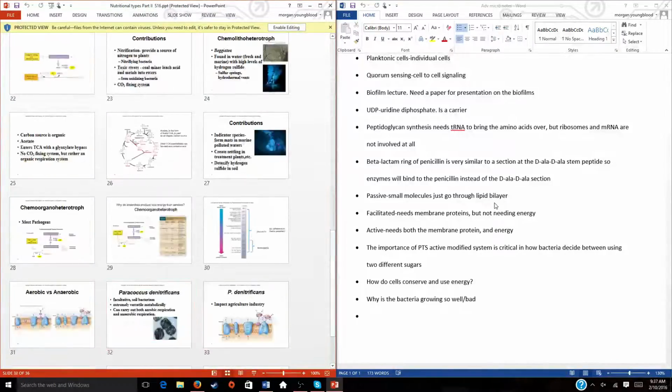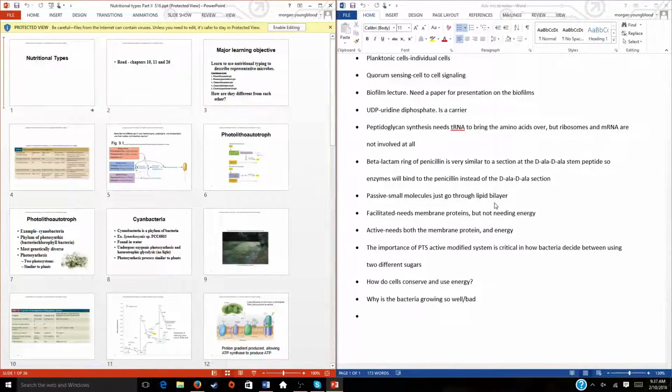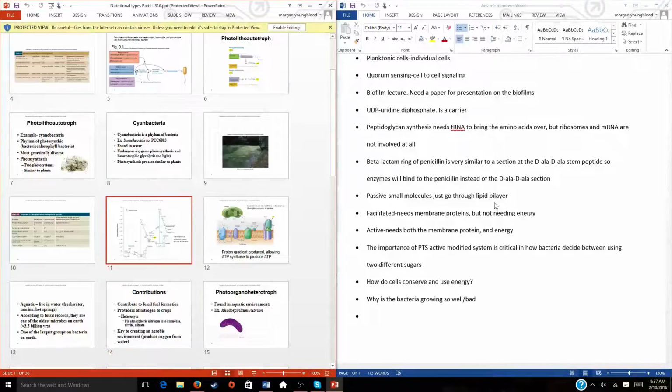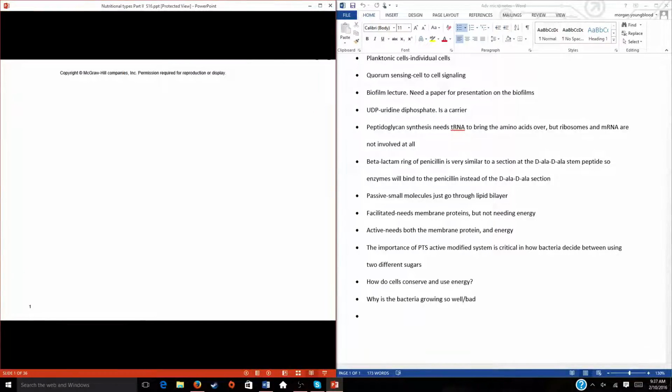That type of thing. So there's a lot of ways to do it, but the bottom line is that everybody will walk away from the presentation saying, oh, that was a really interesting talk about photolithotrophs. I kind of enjoyed that, that type of thing. So that's what it comes down to. Okay. So good questions.